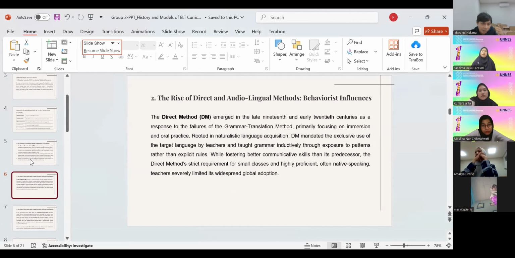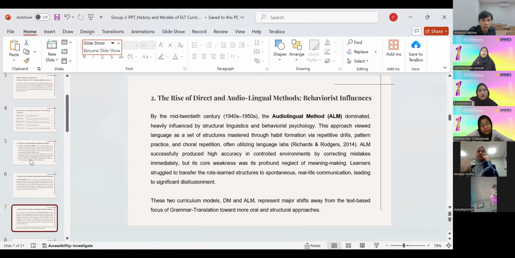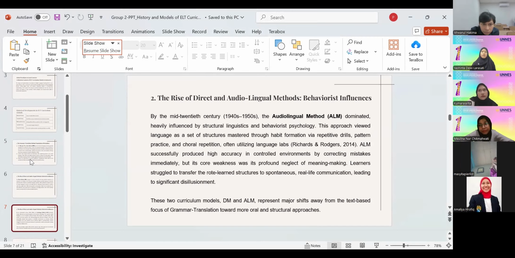One of the slides that you gave is about audio something. Audio one, yeah, the one before that, ALM, audiolingual method. Even though this method is considered a past method, I still think it is still relevant to us.